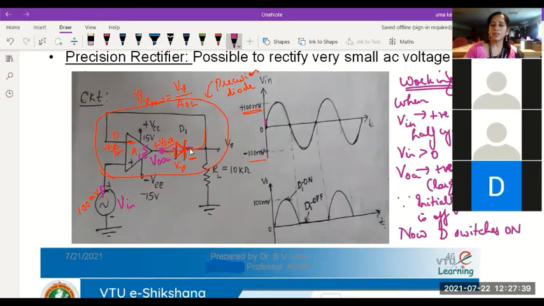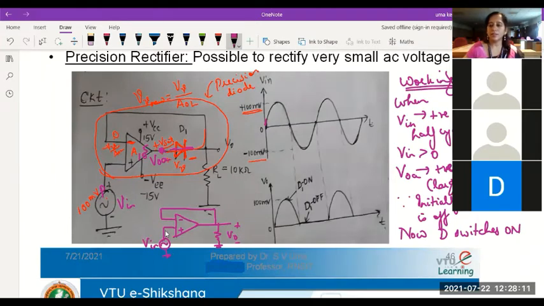Once the diode is on, it will form a closed loop connecting to the feedback loop, connecting to this inverting terminal. So what does this circuit look like now? It's a closed loop and I'm measuring the output voltage here, V0, and the input is given here. What does it resemble?